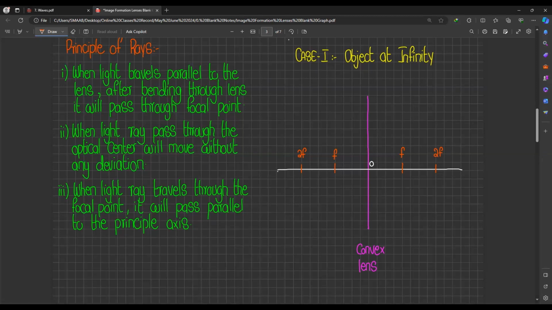Those points which you mark on the right hand side, the same points we have to mark on the left hand side, because this time we are talking about lenses, and lenses are transparent. So we can use both sides of the lens. In mirror we use only one side, but in this case we have transparent sides, so we can use both sides. That's why we are marking same points on both sides.